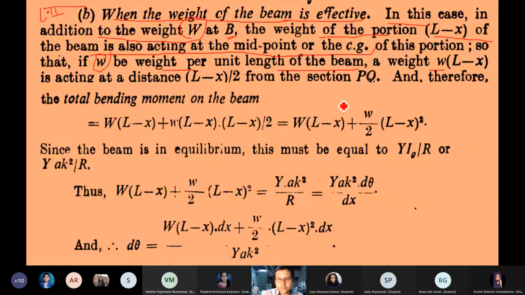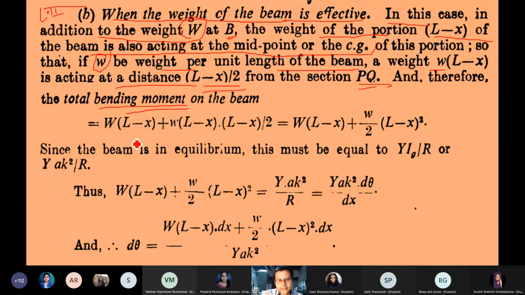So small w into L minus x, which is that whole length, has to be added. So w(L minus x) is acting at a distance, the average of this particular section PQ. We have considered this section is at a distance x from the fixed end, so L minus x, and we take the average of it, and at that average distance this particular weight is going to act, like a bending moment acting on its average length.